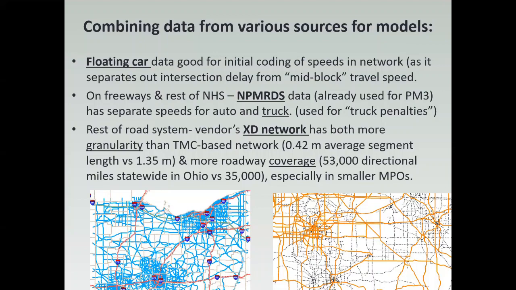We still occasionally will go out and do more floating car if somebody wants an answer fast enough. Say, what if we raise the speed limit on freeways throughout the state for either cars or trucks, which has been happening on occasion because of some of the issues we're dealing with statewide and with our toll road that goes all the way across the northern part of the state.